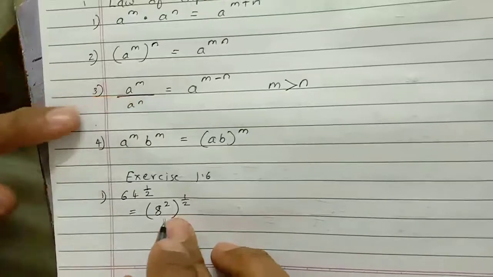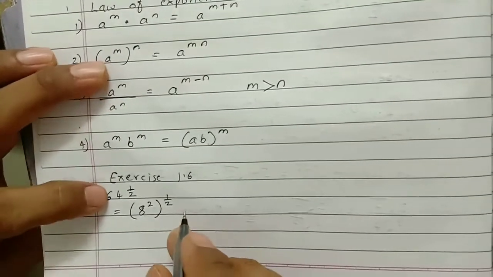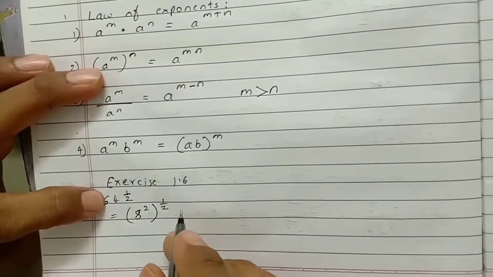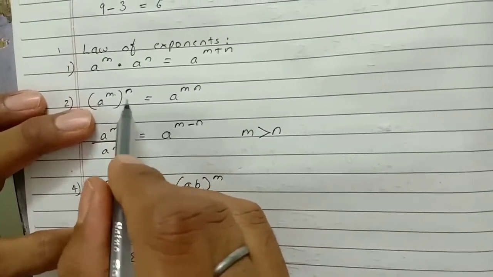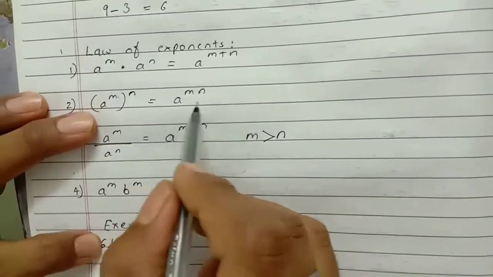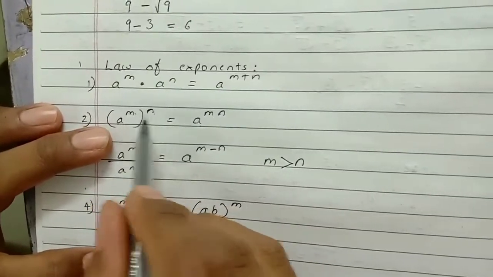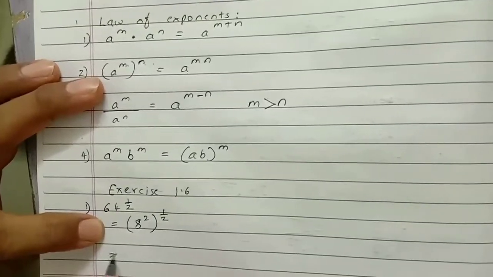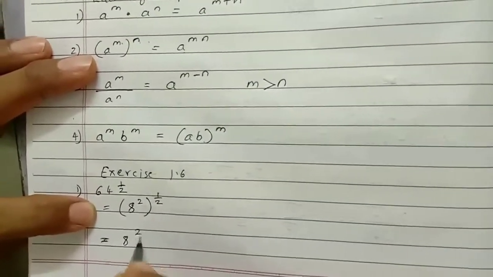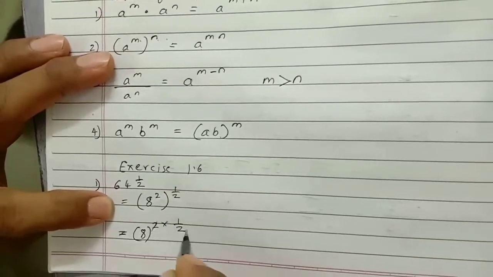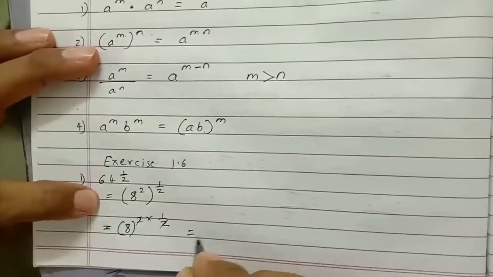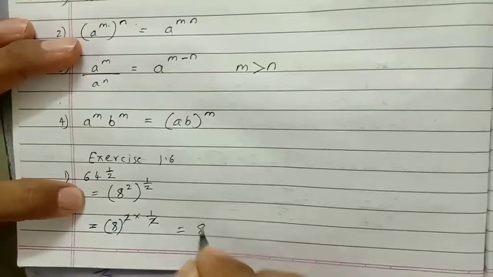So this is same as a raised to m the whole bracket raised to n, so it can be written as a raised to mn. So here this can be written as 8 raised to 2 into 1 by 2. So this can get cancelled. So the answer is 8.